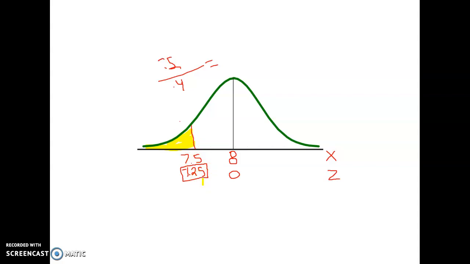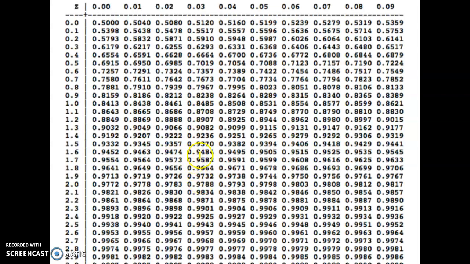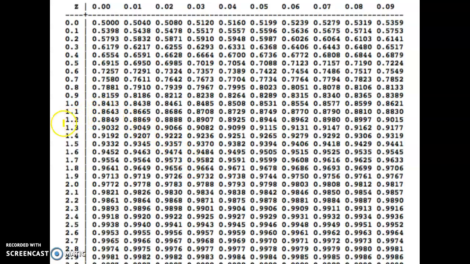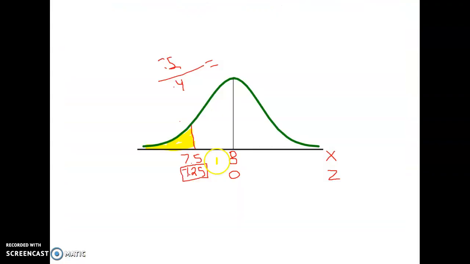So let's go to our z-table. We need 1.25, 1.2, and then we go across to 0.05, which is right here. 0.8944 is our probability.